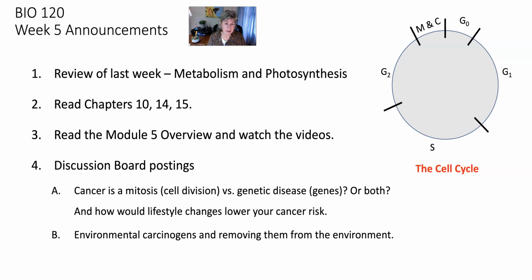But is cancer also a problem with cell division? What I told you was that cancer is where cells divide out of control. So is it a problem with cell division? Might be. Is it a problem with genes? You've heard of these genes before. And once again, if you say that or both, you know the answer is both.